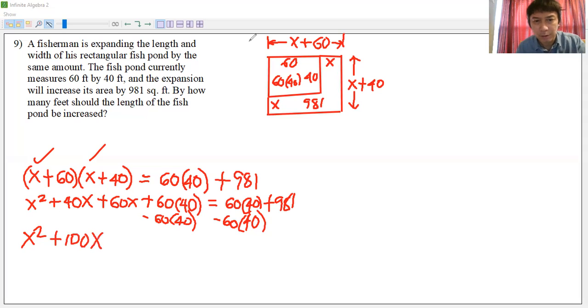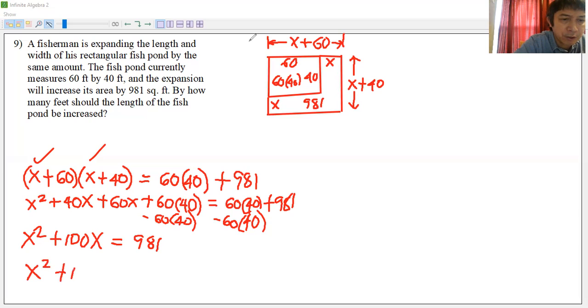All right. That's 60 times 40. You subtract 60 times 40, okay, the same amount. And so this will zero out. The right side will now be just 981 there, okay?